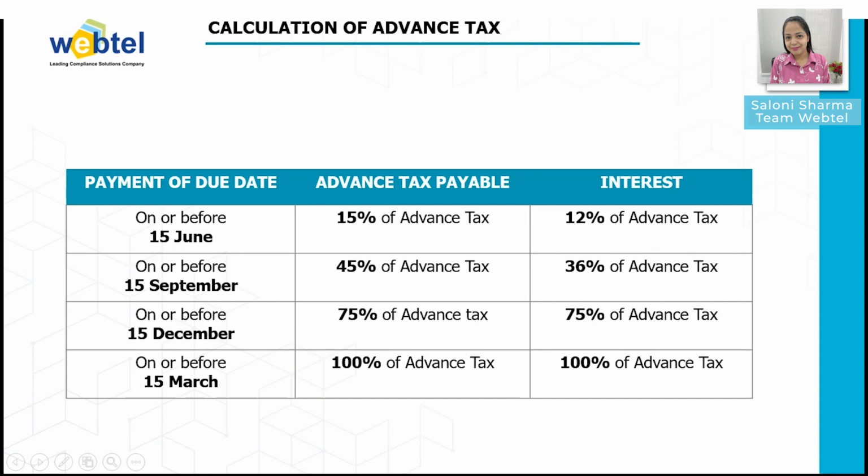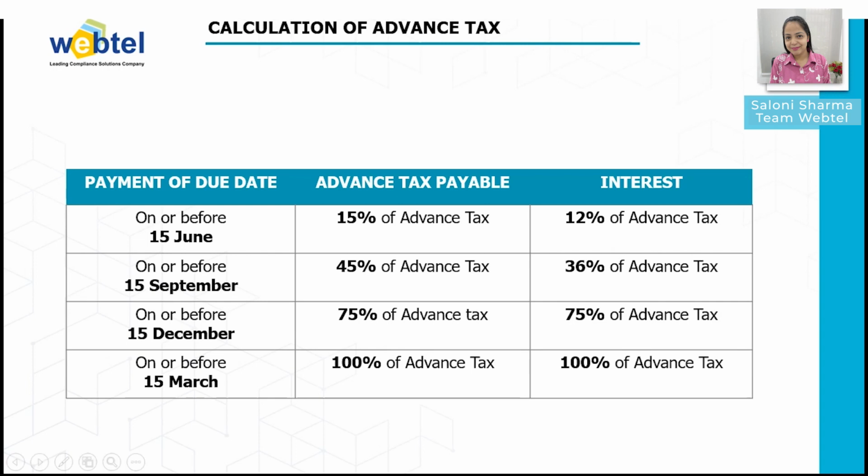And while paying the first installment, you need to pay 15% of the advance tax. Otherwise, 12% interest would be calculated. And in the second installment, you need to pay 45% of the advance tax. Otherwise, interest would be calculated for the 36%.